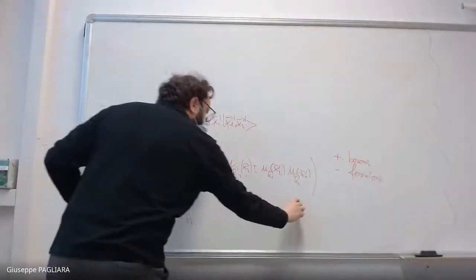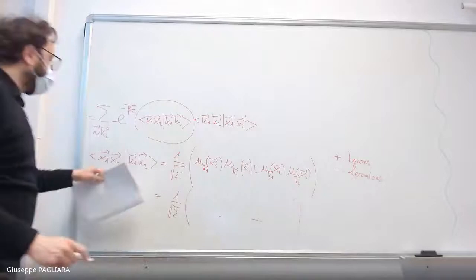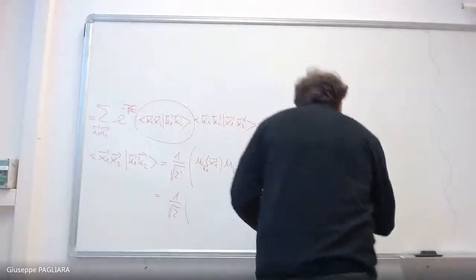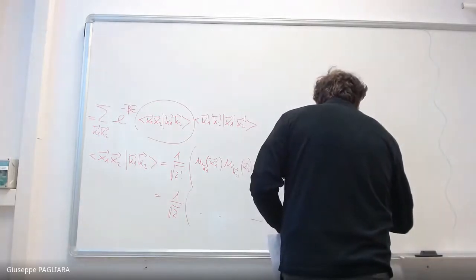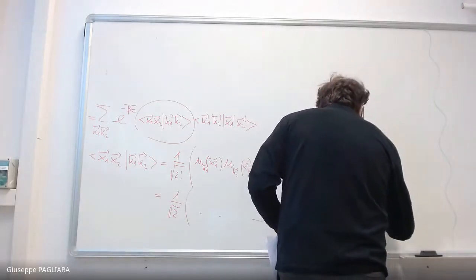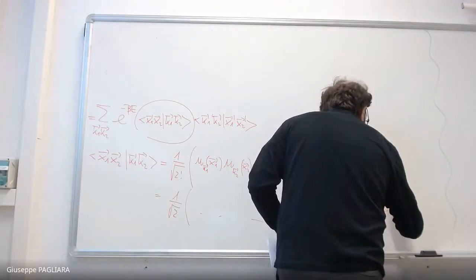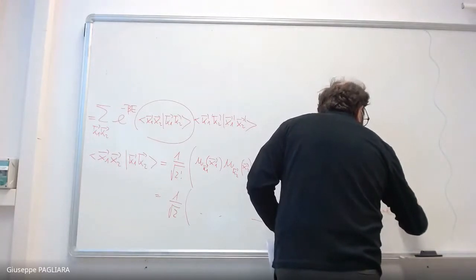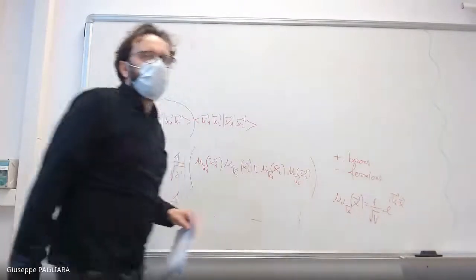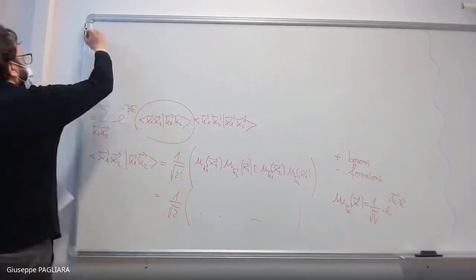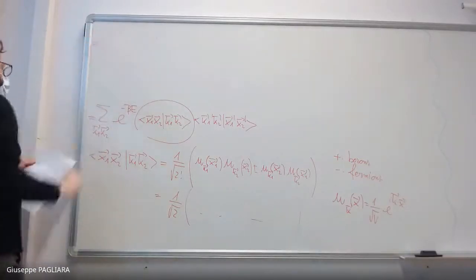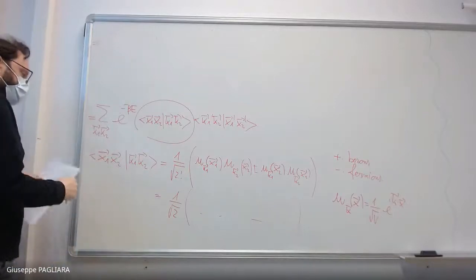And also, it's good to remember that the single particle wave function u K of x is equal to 1 over square root of the volume times the exponential of i K scalar x, as last time. Good. So now our matrix element is equal to 1 over 2.